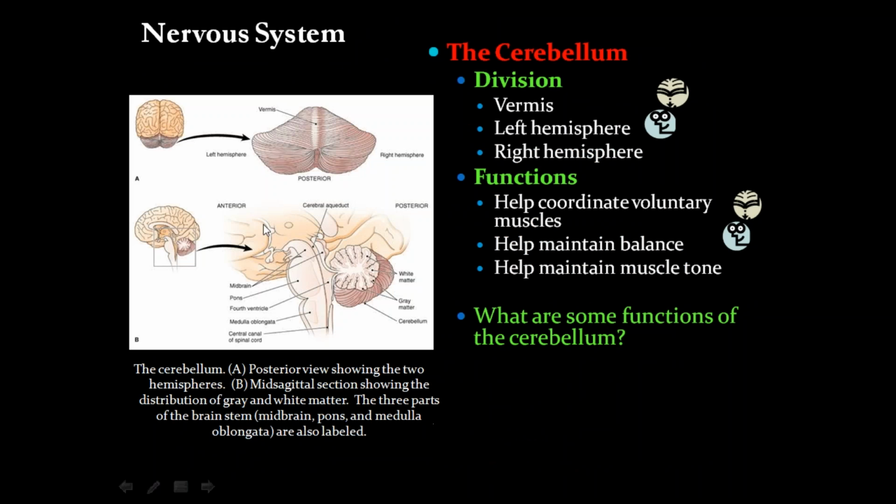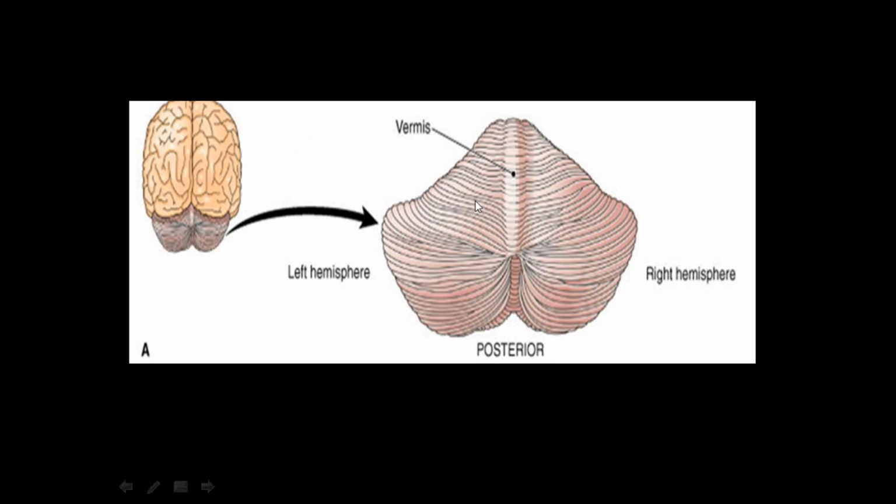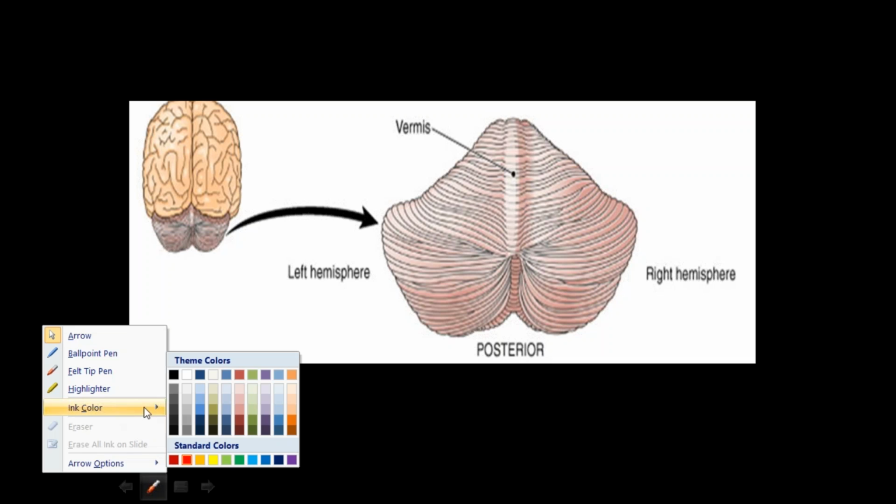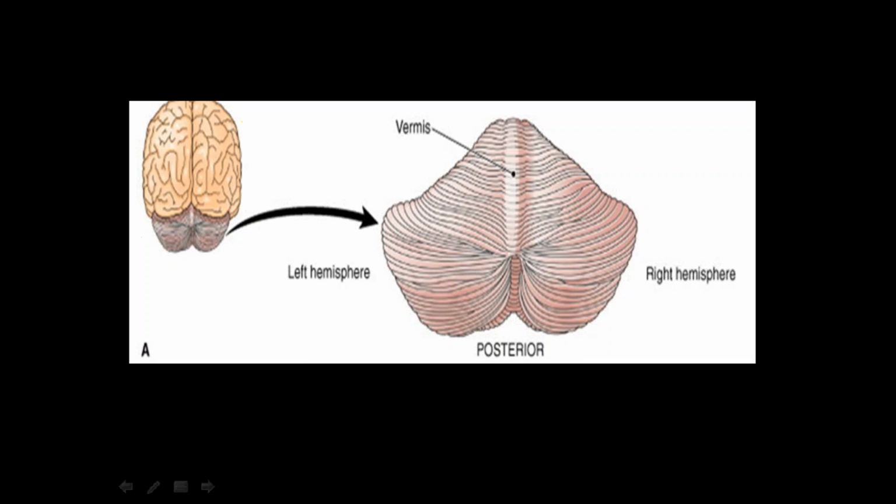The division of the cerebellum, we have the right cerebellum and the left cerebellum. Here the connection between them is the vermis. The connection between the right and left hemispheres of the cerebrum is going to be called the corpus callosum.